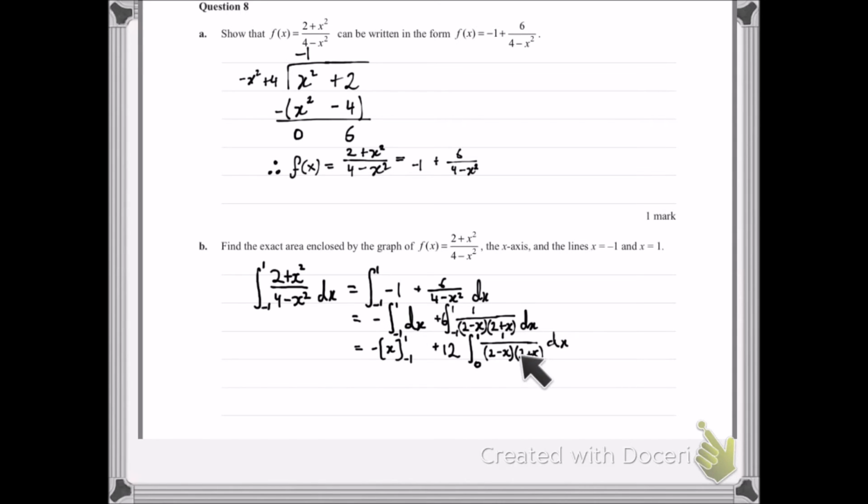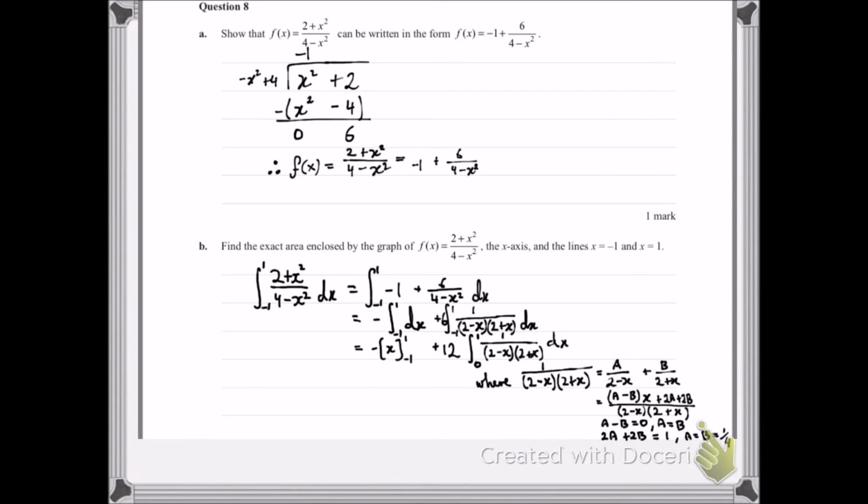Now, what we have here is integration by partial fractions. So our little rational function, we're going to pull it out and resolve it into partial fractions. Our numerator is given by this. From these partial fractions here, we get these two simultaneous equations.